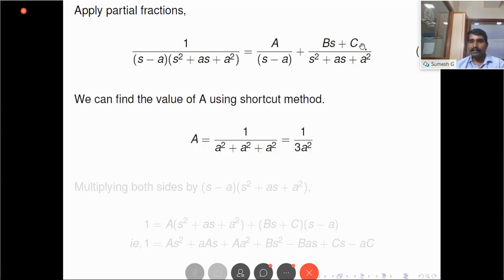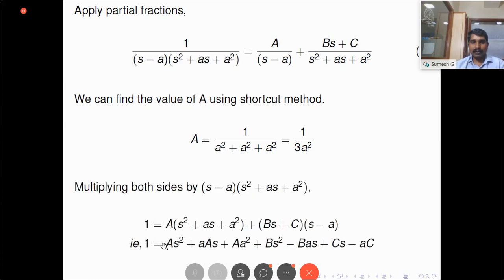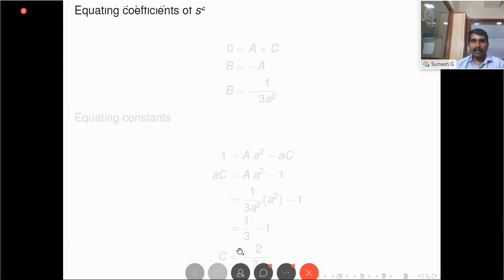To find B and C, we have to apply the general method. For that, we multiply both sides by this denominator. We obtain 1 is equal to A into s square plus as plus a square plus bs plus c into s minus a. Open the bracket. We obtain the expression like this. We equate coefficients of s square on both sides.